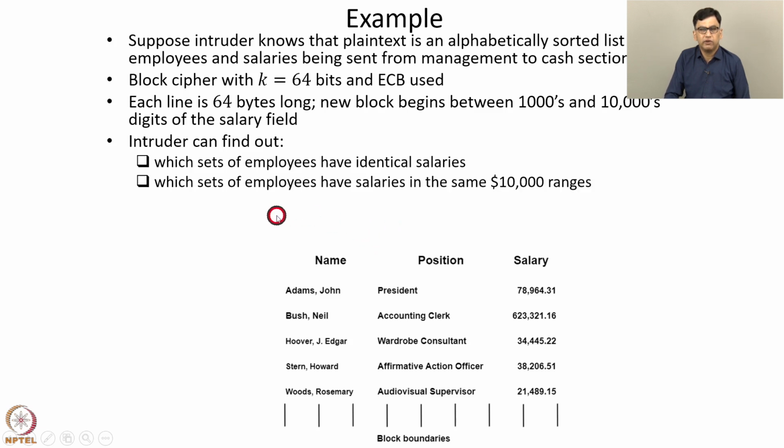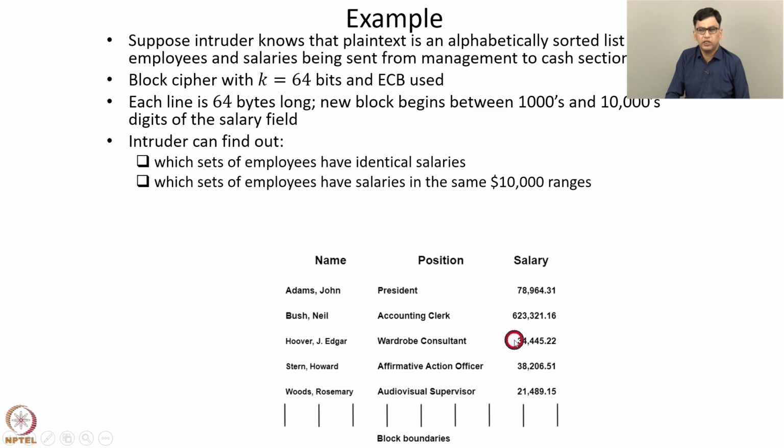The intruder can gain even more information. Notice that if the second last block of a line is the same for 2 different lines, then it means that the corresponding employees have salaries in the same 10,000s range. For example, consider this line corresponding to Hoover and this line corresponding to Stern. They have the same digit in the 10,000s place, that is 3.